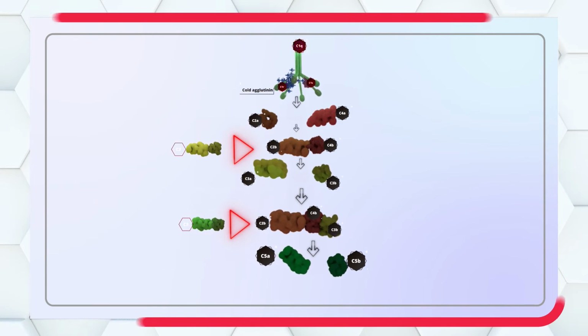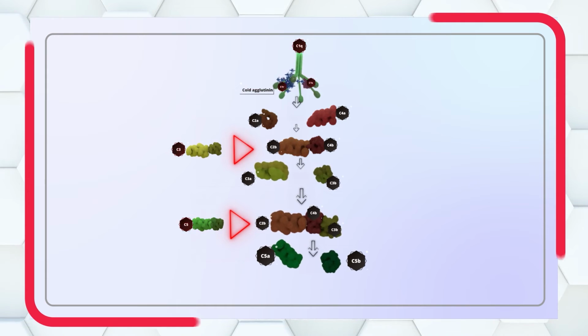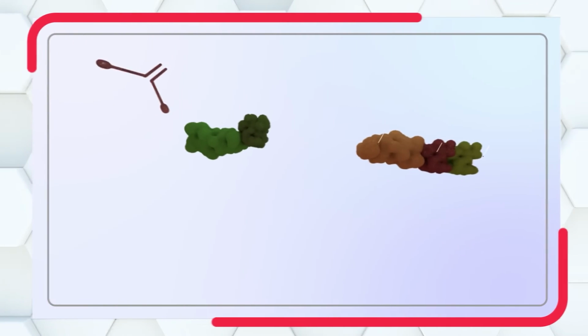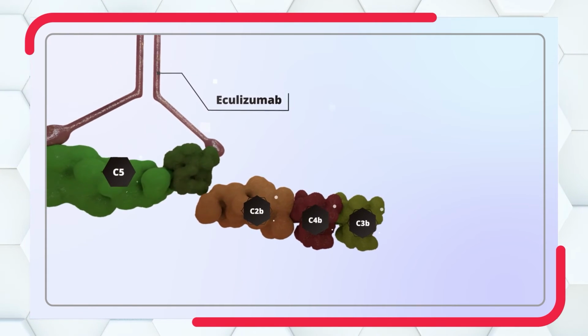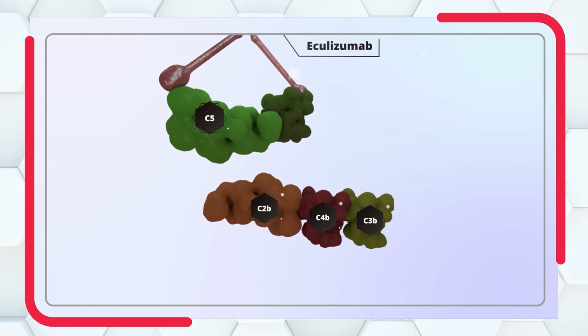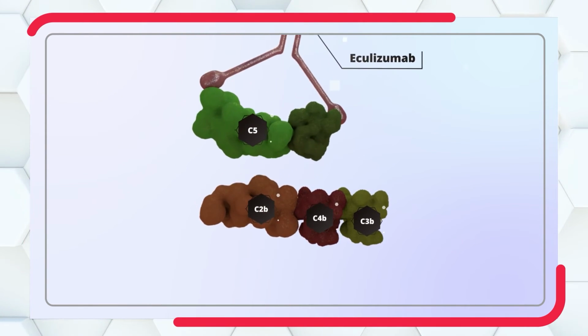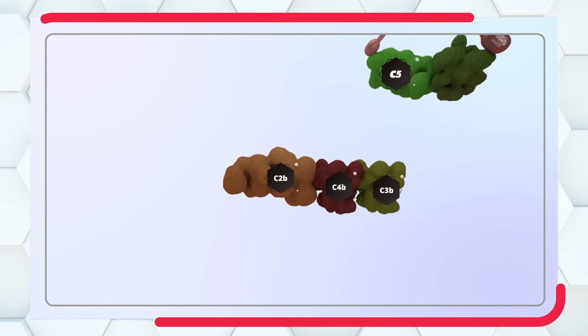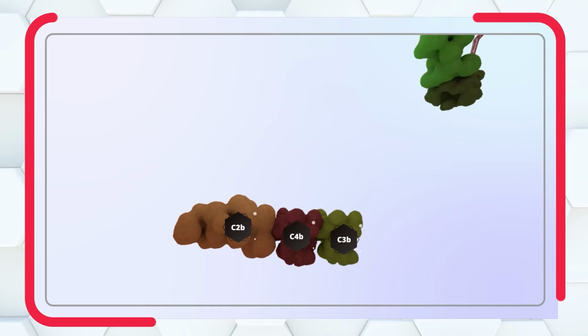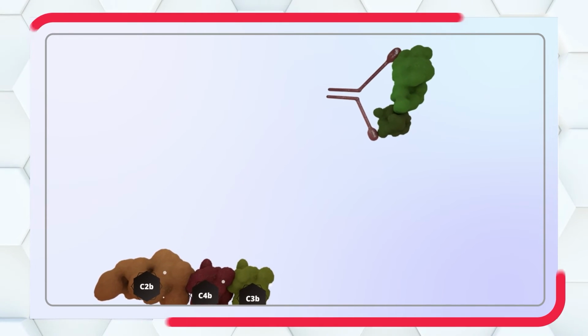Among these elements are C1, C3, and C5. Eculizumab is an anti-C5 monoclonal antibody that inhibits the cleavage of C5 into C5a and C5b, preventing the formation of the membrane attack complex, the final step before the red blood cell is destroyed by intravascular hemolysis.